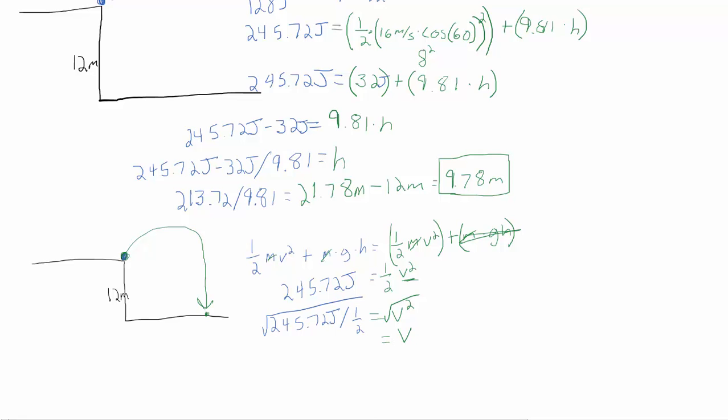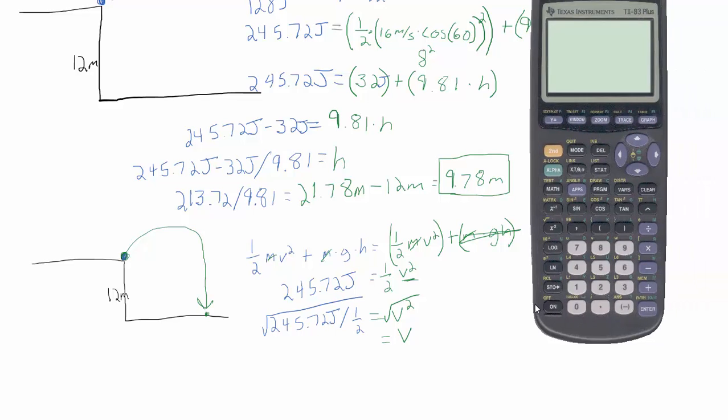Alright, so we can go 245.72 divided by 0.5. Alright, now we'll take the square root of that.